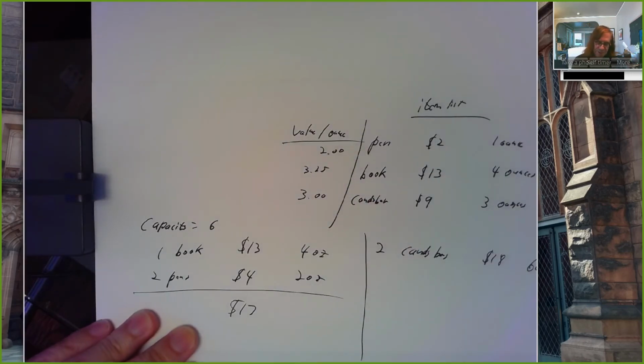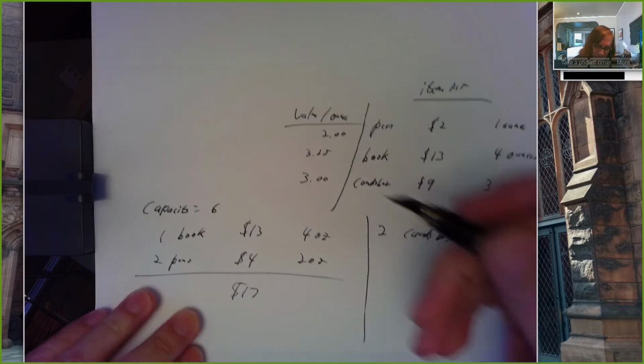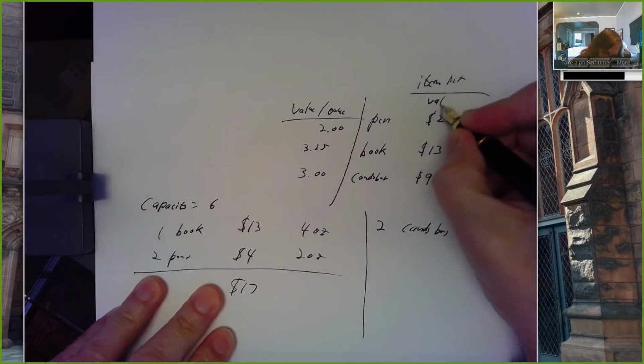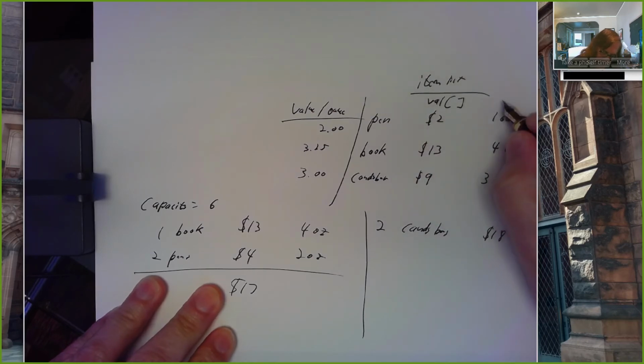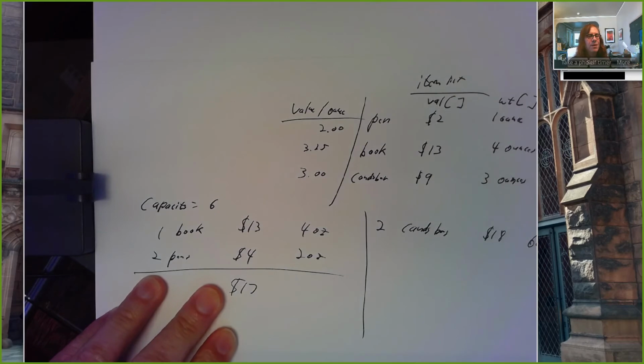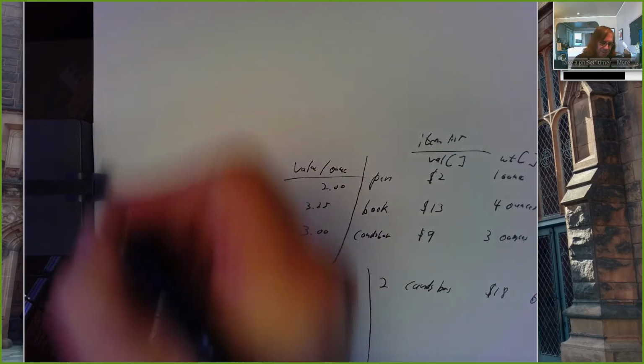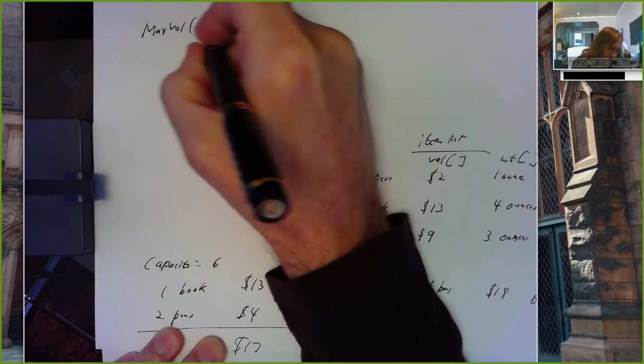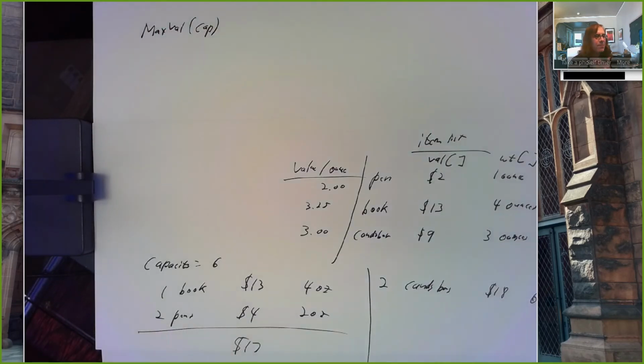And here's our item list. And so let me put these things into some arrays. So I'm going to call this value, and I'm going to call this weight. And we're going to define a function. And this is going to be called maxval. And maxval is a function.